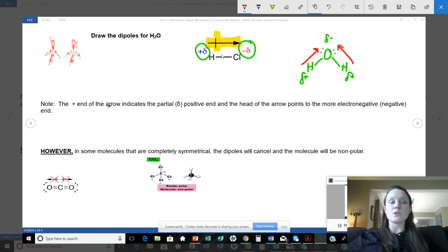Remember that you need to do 1 dipole for every bond when you're drawing in your dipoles, okay? In both bonds, the positive end of our dipole is the hydrogen, and the negative end of our dipole goes toward the oxygen. So the point of our arrow needs to be pointed toward the oxygen. The positive end of our arrow needs to be by the hydrogen. So now we've drawn in our dipoles for H2O.